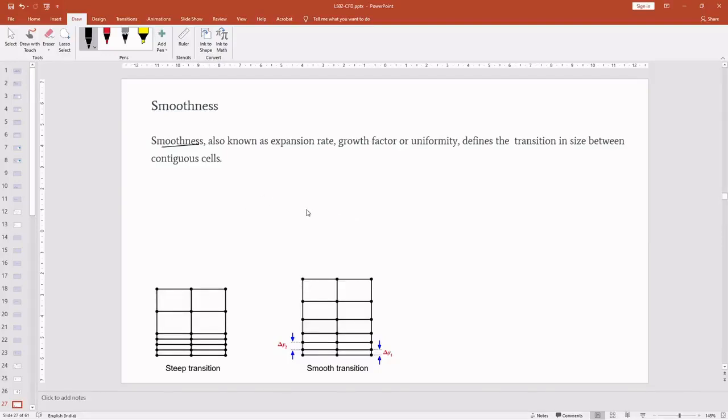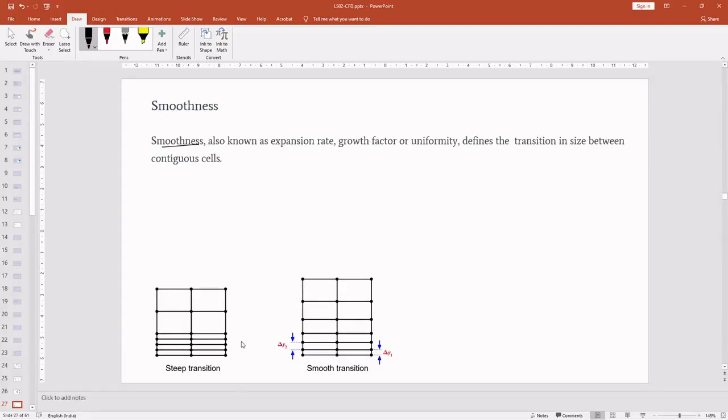When we are meshing a domain, there will be cells of different sizes, small, medium and large, because to fill that particular shape, there will be different sized cells. How these small cells grow to larger cells is what is called smoothness.